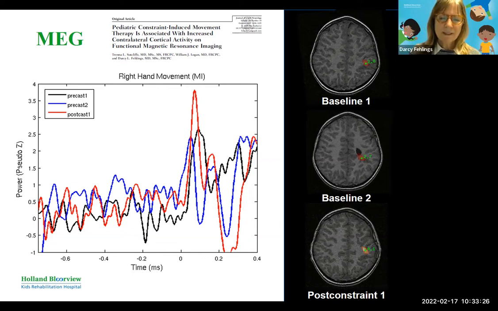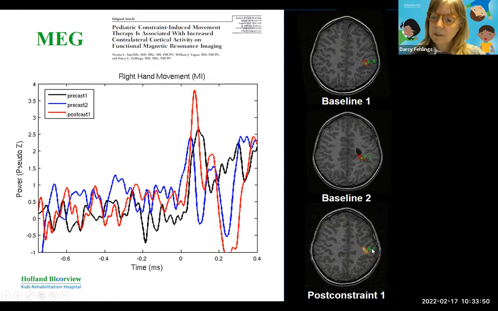Now, this was our early work looking at MEG. I'm going to orient you to the slide here. Here's our region of interest in the injured motor area. We had two baselines, and we saw very similar power measures, 2.8, 2.7.